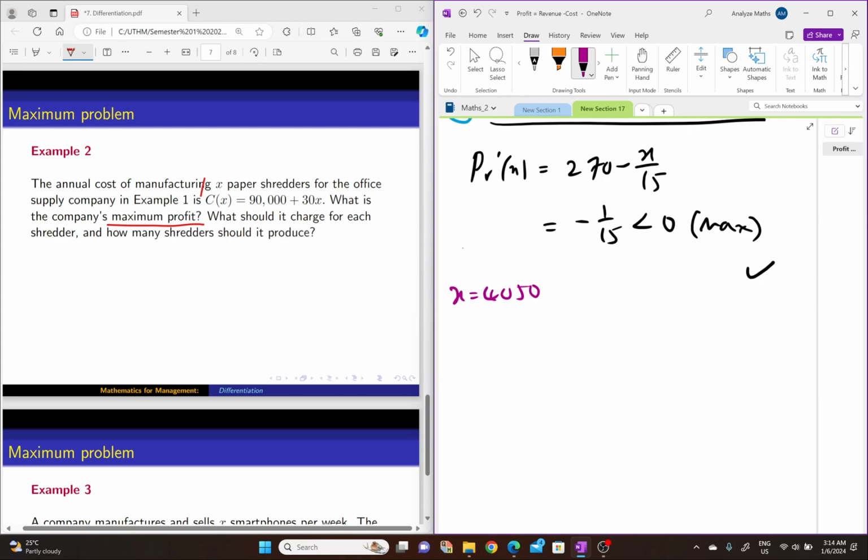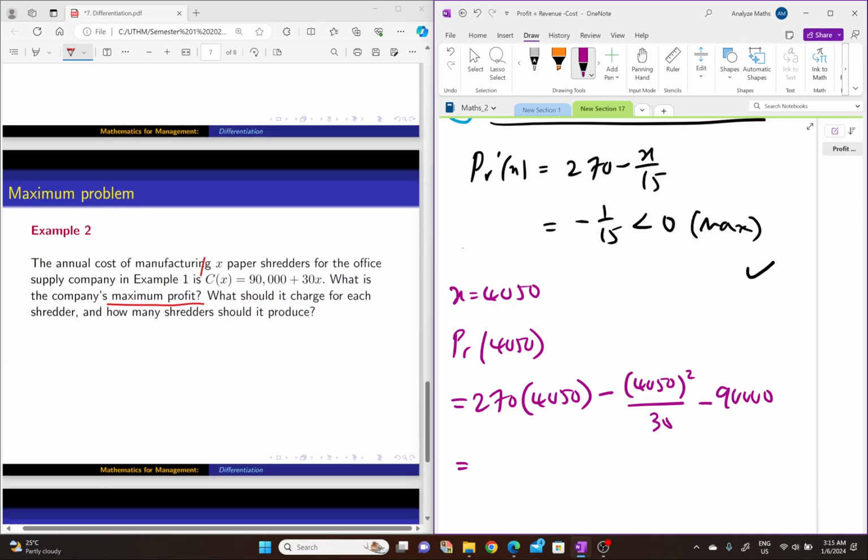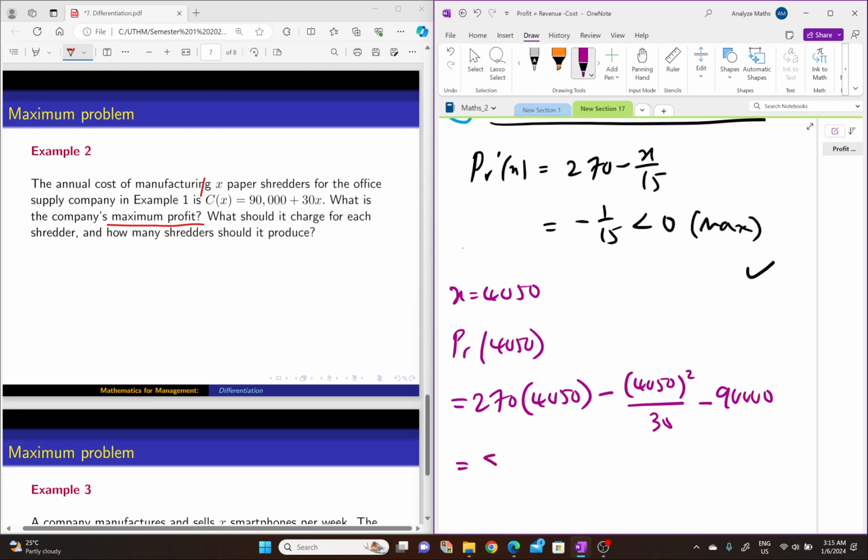They are asking what is the company's maximum profit, you replace inside here, equals 270 and so on. If you compute this, the profit would be, is this in dollars? Yes, it's in dollars. This is the profit.